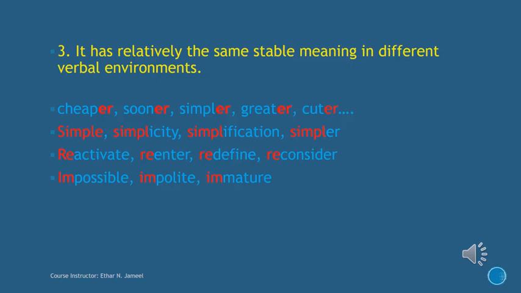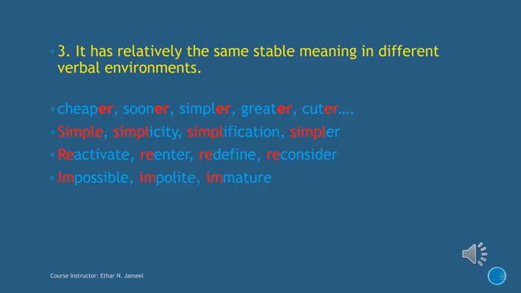So it has the meaning of comparison in cheaper, sooner, simpler, greater, cuter, etc. In all of these adjectives, er has the meaning of comparison. So this is what is meant by saying that a morpheme has a stable meaning in different verbal environments. So when the er is attached to adjectives, it will have this meaning, the meaning of comparison.